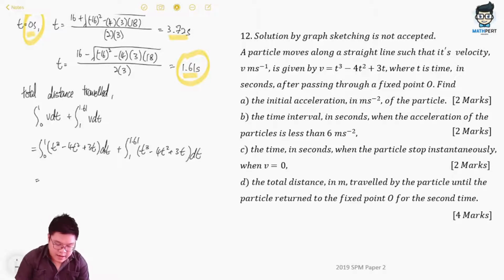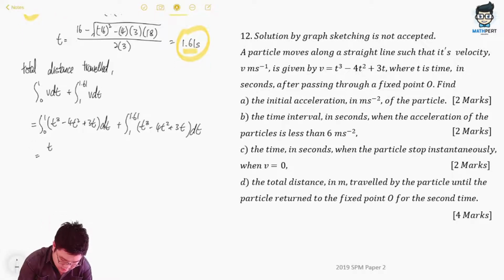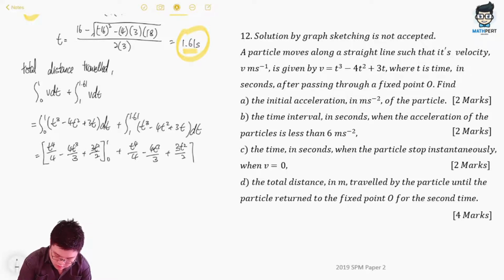And then what we get is t to the power 4 over 4 minus 4t cubed over 3 plus 3t squared over 2, from 0 to 1, plus t to the power 4 over 4 minus 4t cubed over 3 plus 3t squared over 2, from 1 to 1.61.